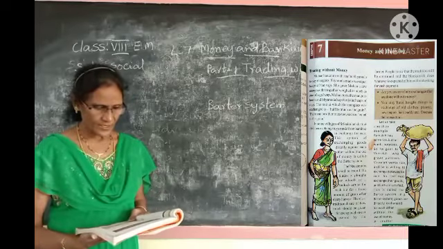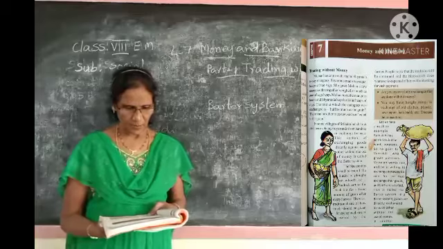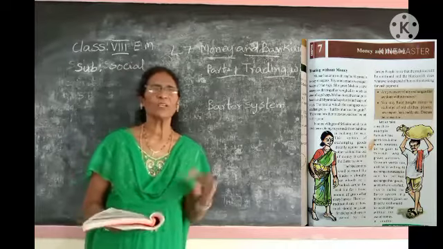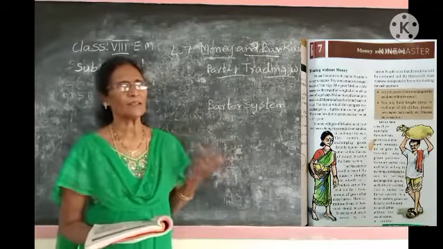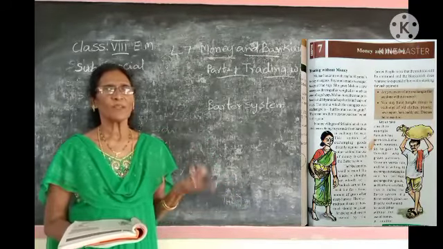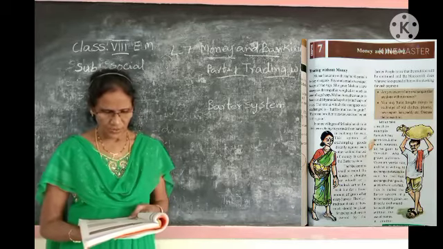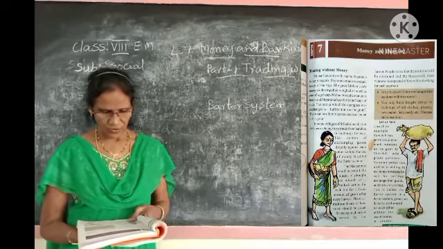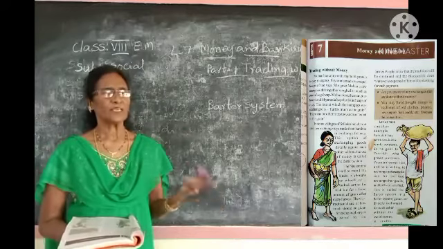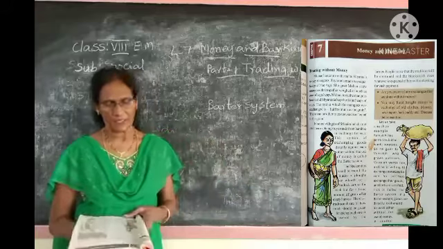Let us take another example. Ramaya has some rice but he wants potatoes. So he goes to Viraya who grows potatoes. ఎవరైతే పొటాటోస్ గ్రో చేస్తున్నారో వాళ్ళ దగ్గరికి వెళ్ళి రామయ్య అడుగుతాడు.